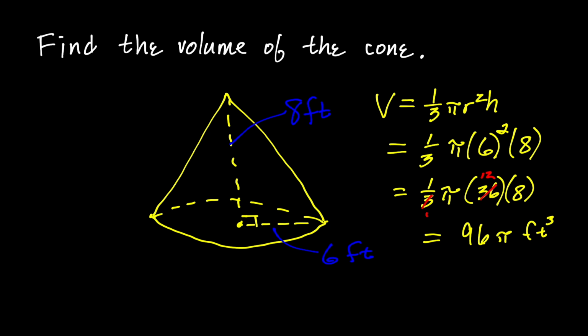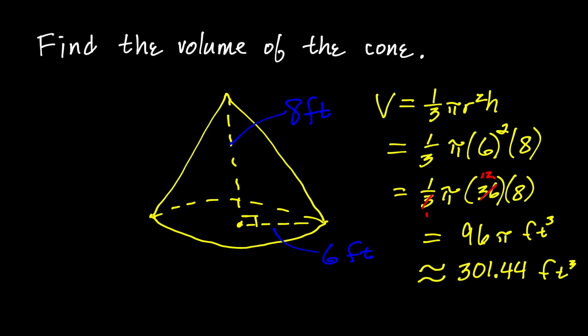Now, that's the exact answer. In many textbooks, you'll see them say to use 3.14 as an approximation for pi. So you'd have 96 times 3.14, which would make this about, that's why I have to switch my equal sign to an about sign, 301.44 cubic feet.